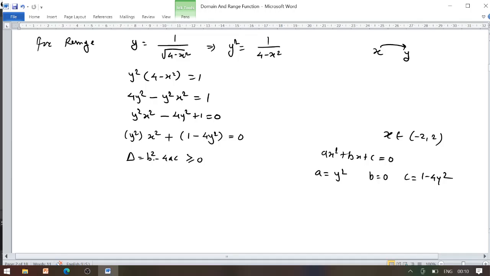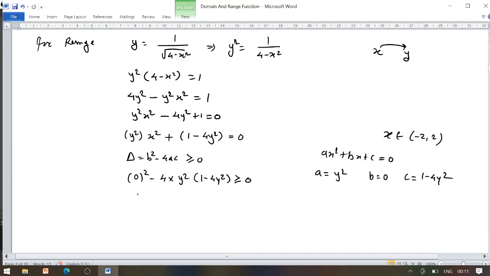So replace a, b, c by their values in the discriminant. We get 0² - 4·y²(1 - 4y²) should be greater than or equal to 0.